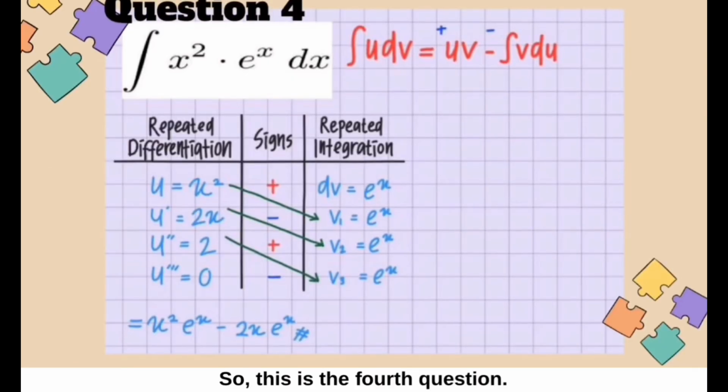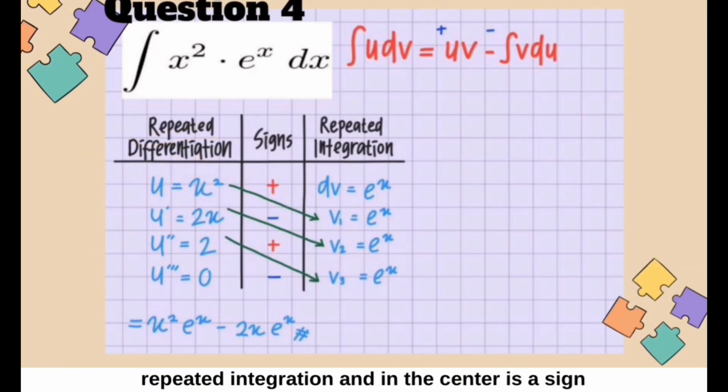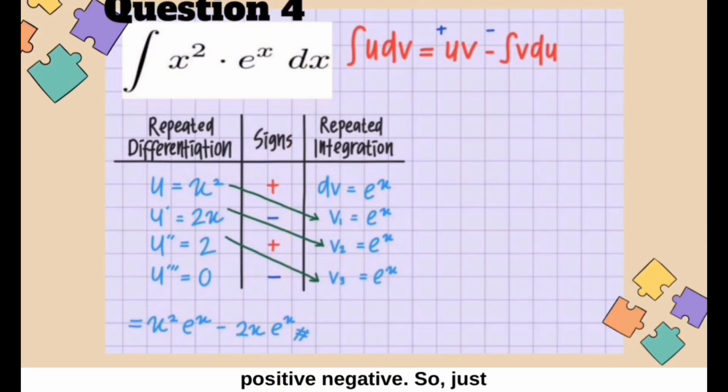So this is the fourth question, and we will use the tabular method. We will have a box like this, where this side is repeated differentiation and this side is repeated integration, and in the center is a positive and negative sign. In the differentiation box, we differentiate the value of u, which is x squared, until it gets the value 0.